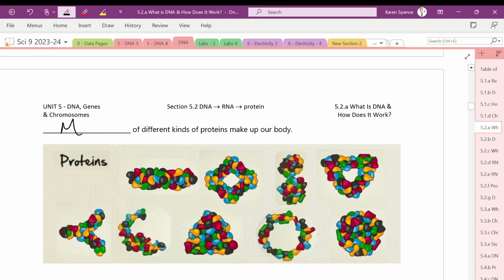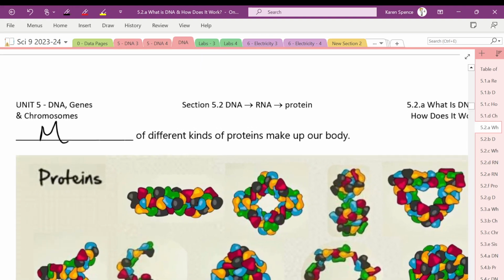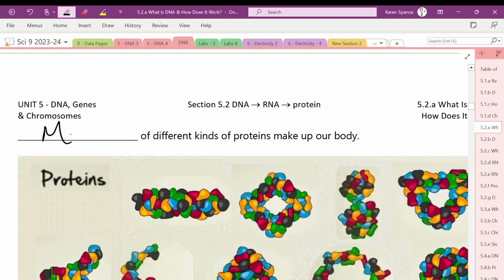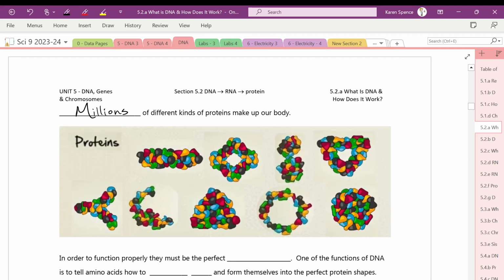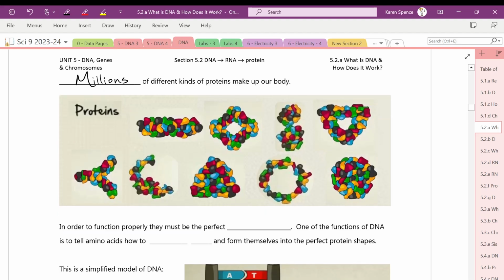Any guesses? How many different kinds of proteins make up our body? Millions of different kinds of proteins make up our body. But in order to function properly, those proteins must be the perfect shape.